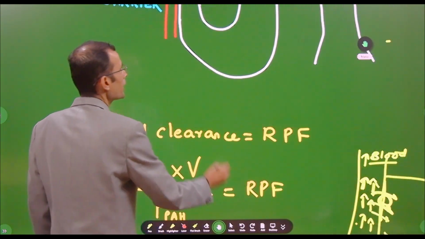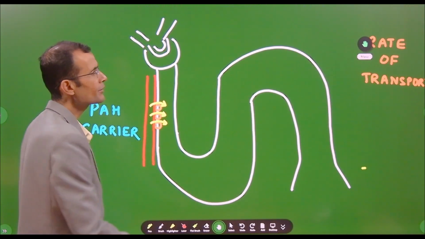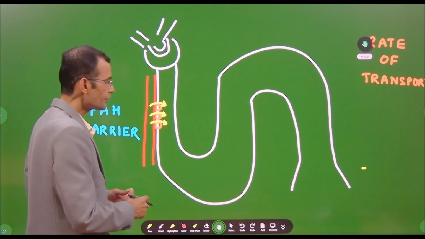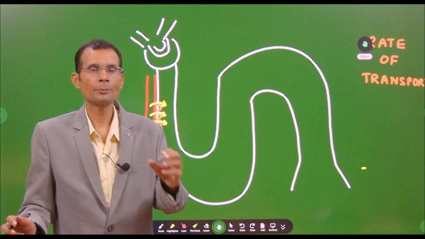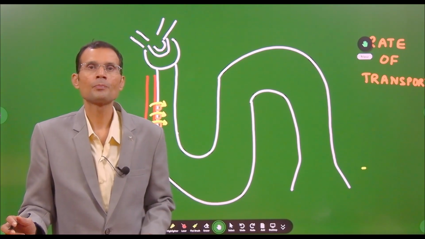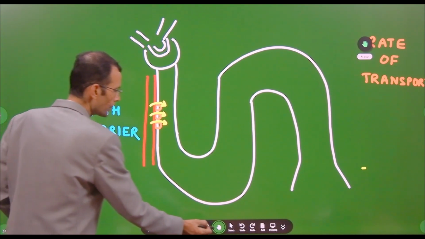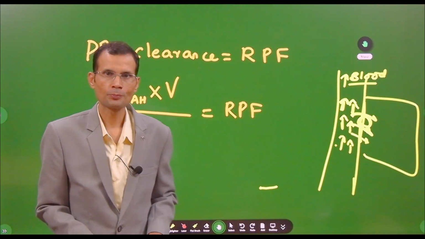I've taken one more example which was asked as an MCQ in one exam. Para-aminohippuric acid was being injected in a patient to measure the renal plasma flow. You know, PAH clearance is equal to renal plasma flow.